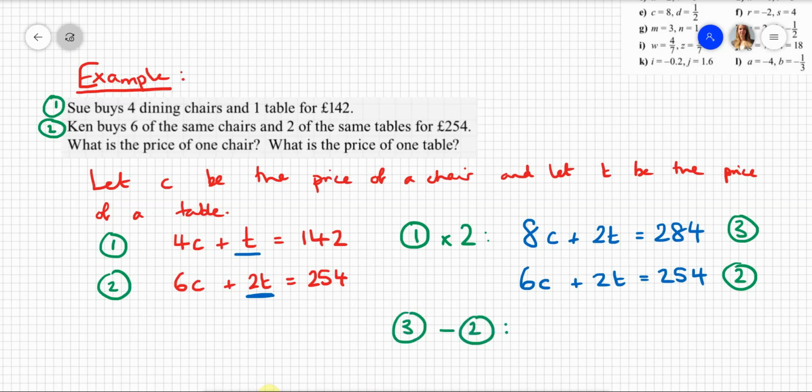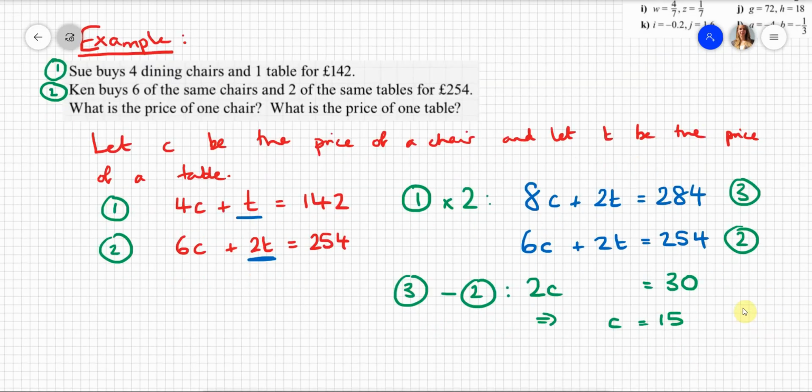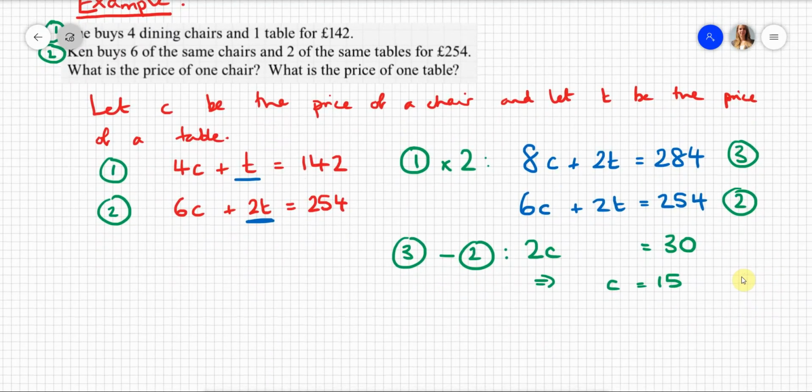So we end up with 2c equals 30. And that gives us that c equals 15. It's going to be easiest to plug that back into equation 1.